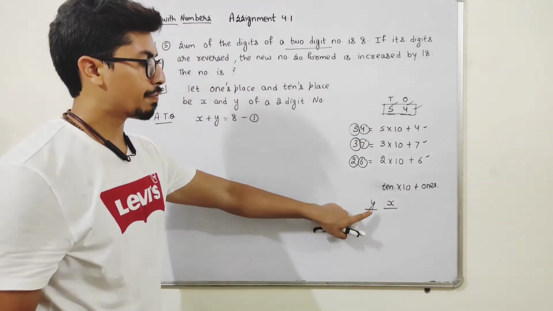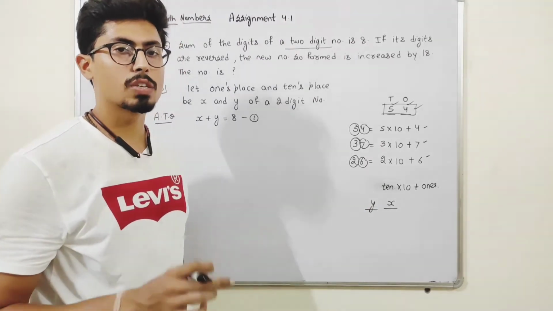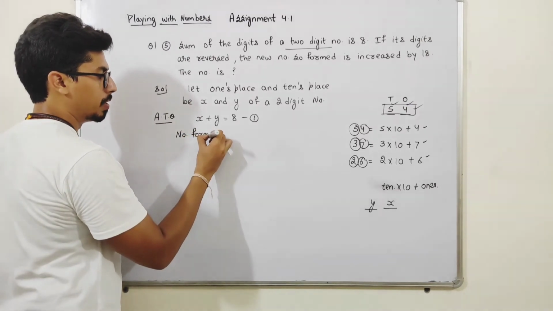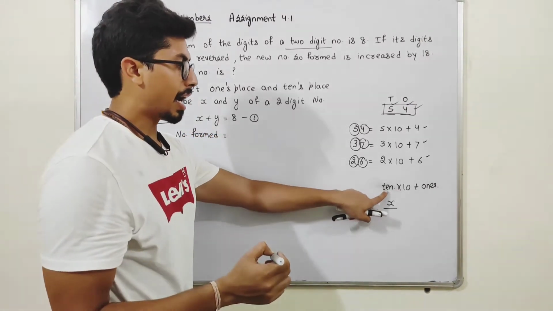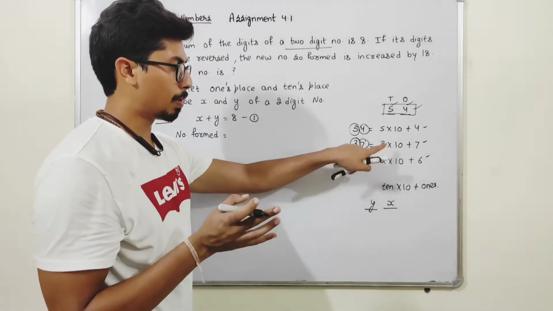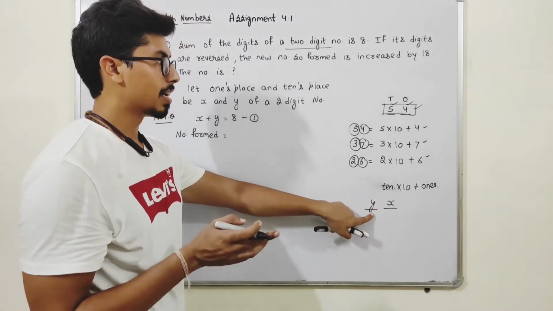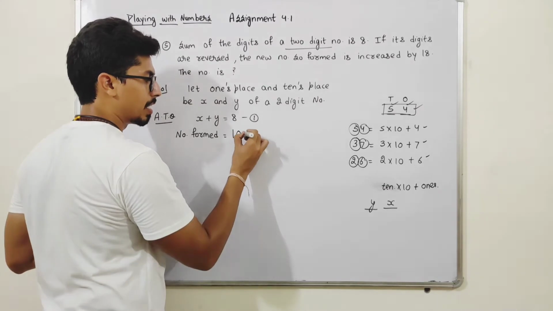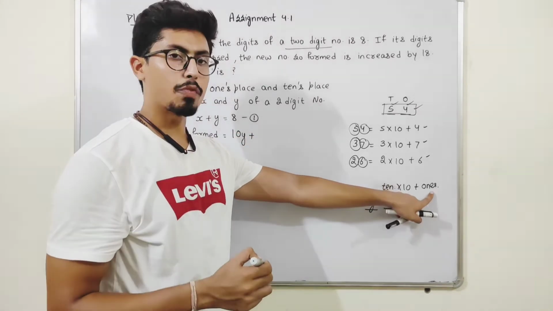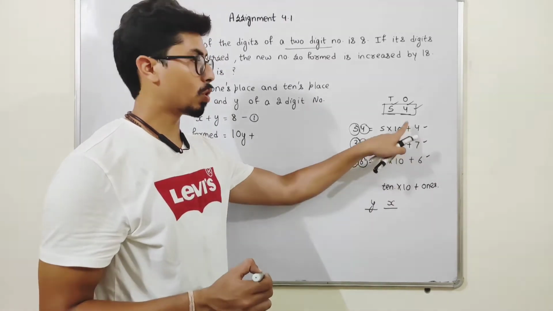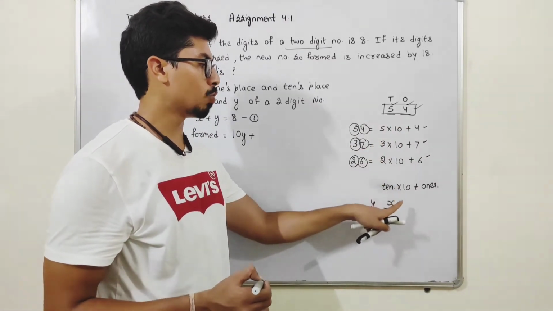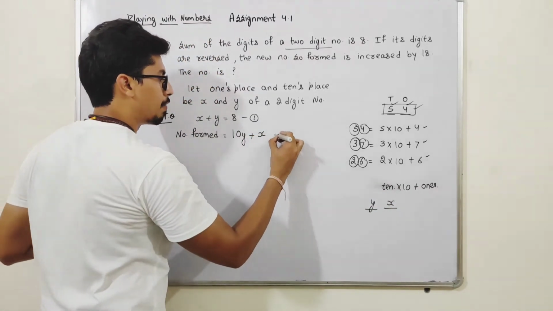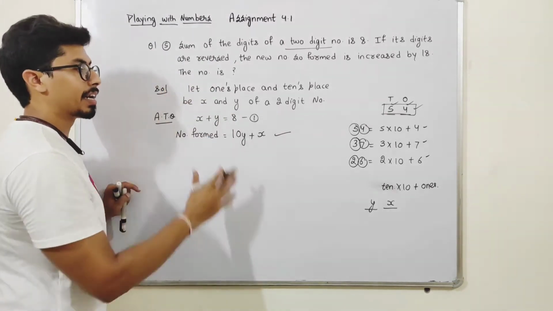Similarly, students, if we have y at tens place and x as ones place, therefore the number formed is, see, at tens place we have y into 10, so it will be 10y plus the digit at ones place. 5 into 10 plus 4 will be 54. So 10 into y, and the number at ones place is x. So the number formed will be 10y plus x.